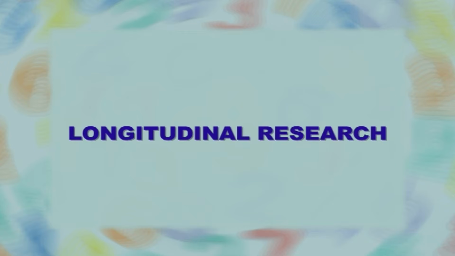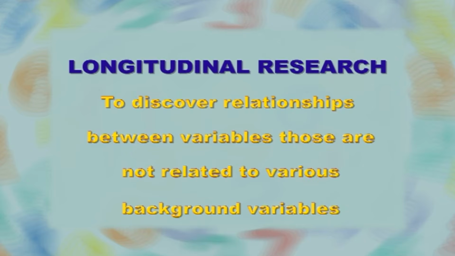The next method we will look into is longitudinal research. Longitudinal research is a type of research method used to discover relationships between variables that are not related to various background variables.